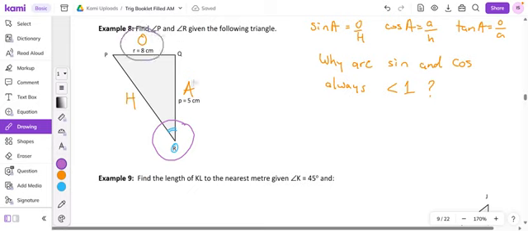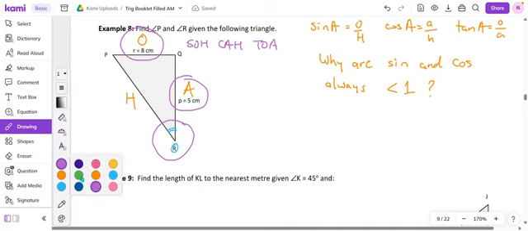I have the O and I have the A. If I have the O and the A, am I using SOH, CAH, or TOA? Tell the person you're sitting next to. Good. OA. So I'm using TOA, because tan is opposite and adjacent.